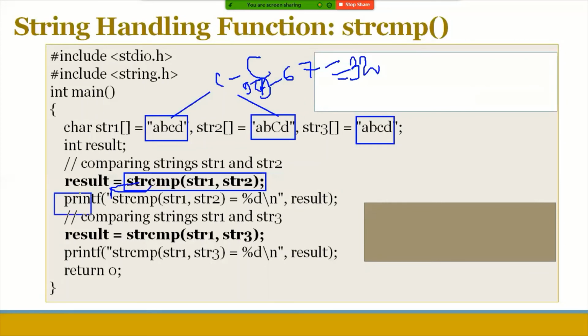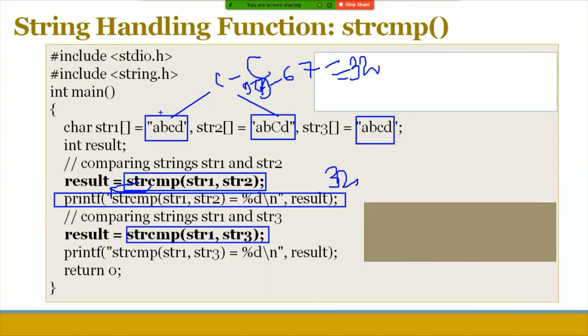And this printf statement takes responsibility to display the value 32. In the next strcmp, string 1 and string 3. String 1 is abcd, and string 3 is also abcd. So both strings are the same, then we will get 0.